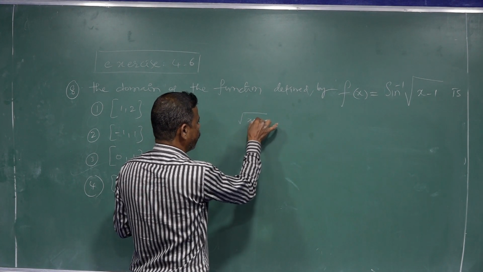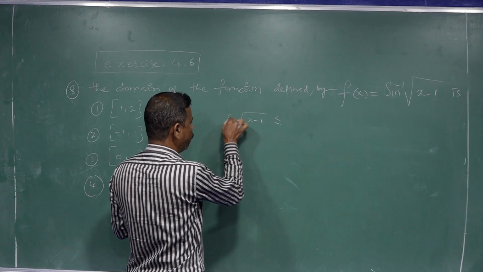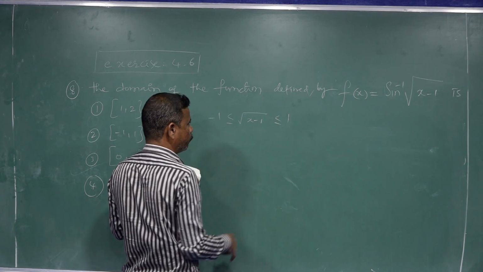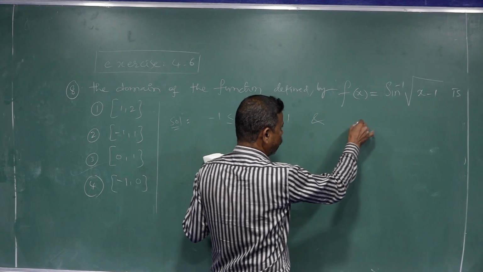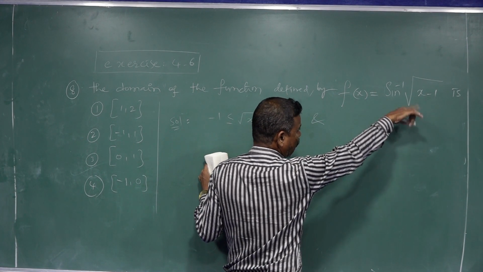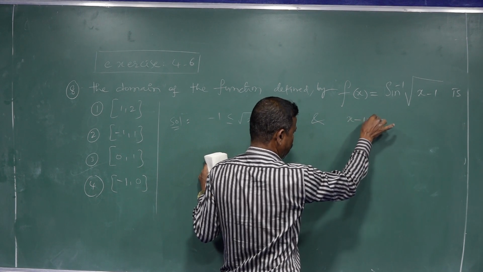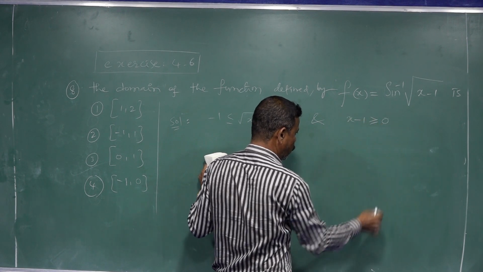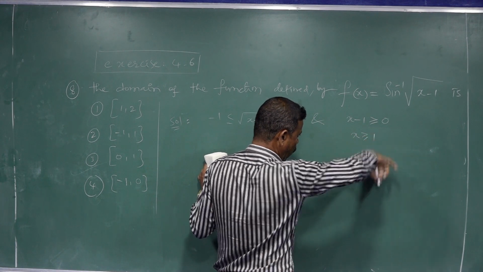Root of x minus 1 lies between minus 1 to plus 1. And this value is a real valued function, that's why x minus 1 always positive. X minus 1 always greater than or equal to 0. From this, x greater than or equal to 1.